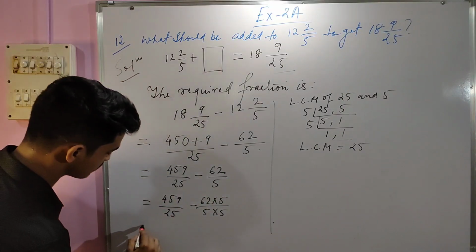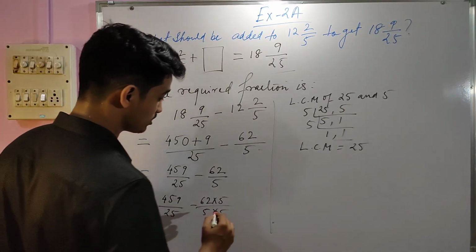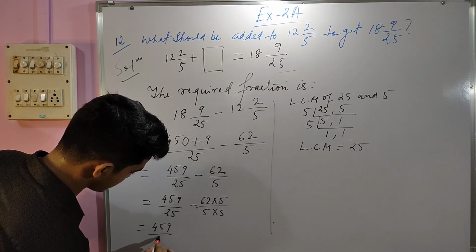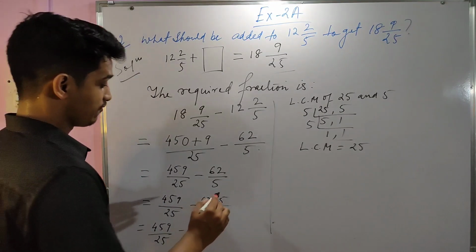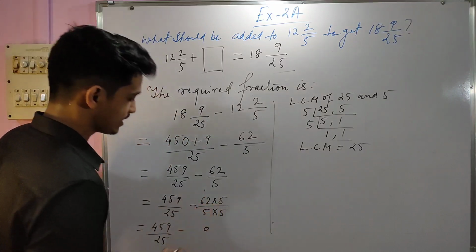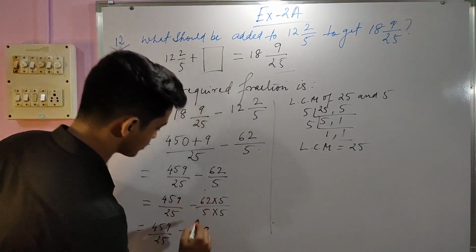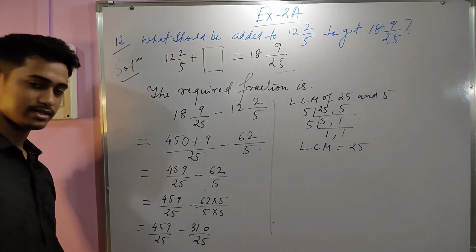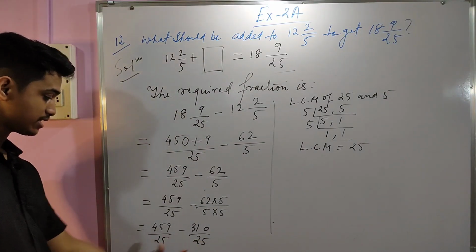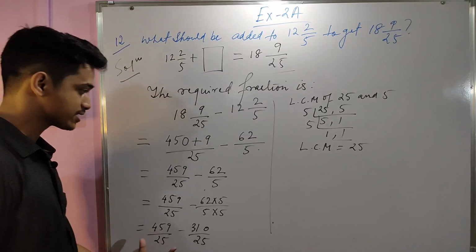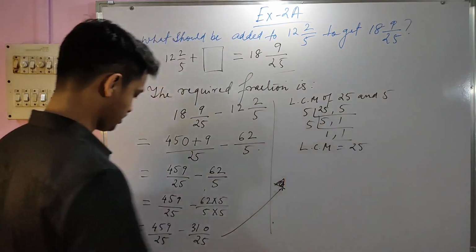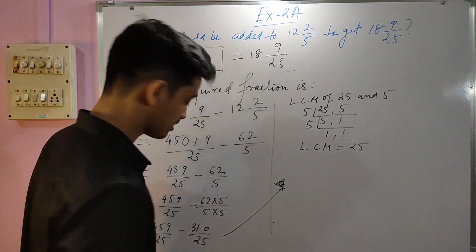So 62 into 5 is what? 62 into 5 is basically 5 into 2 is 10, 1 carries, 5 into 6 is 30, 30 plus 1 is 31, so 310 by 25. Now the fractions are like fractions. I just continue over here because space is very less.